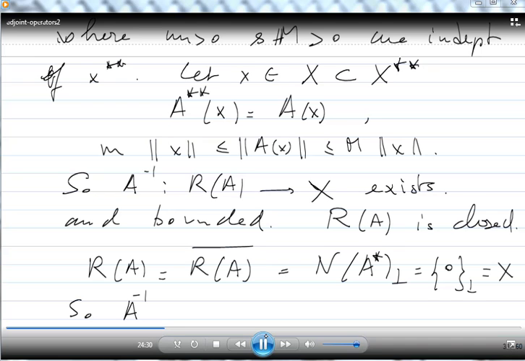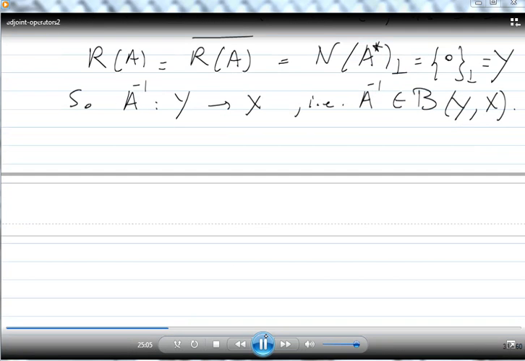So, Y. So in fact, A is surjective, so it goes from Y into X. In other words, A inverse belongs to B of Y X. So it is not just that it exists on the entire space, and the image is.